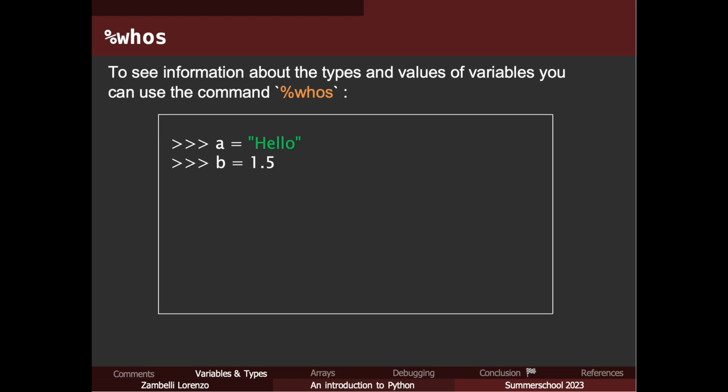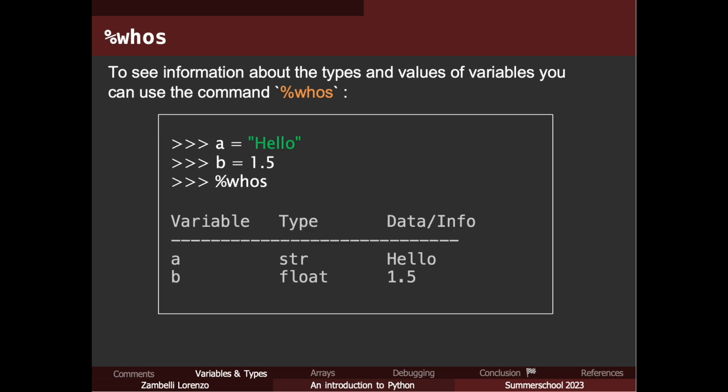For example, let's write a equals hello, b equals 1.5, then use whos, and it appears something of this form: variables a and b, because in our namespace we just have those two variables. Types, we have string and float, because hello is a string and b is a float number. Data info says indeed hello and 1.5. So yeah, that's perfect.